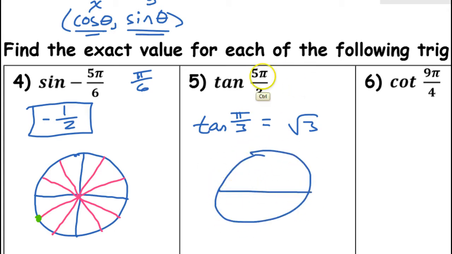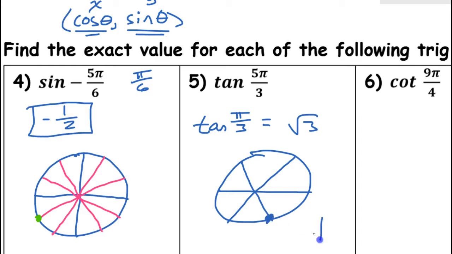Okay, so since the reference angle is pi over 3, I'm going to draw a bunch of pi over 3's. So 5 pi over 3 would be like this. Well, if I went all the way around, that would be 6 pi over 3. So this is 5 pi over 3. The terminal side would be right here. This is the fourth quadrant.